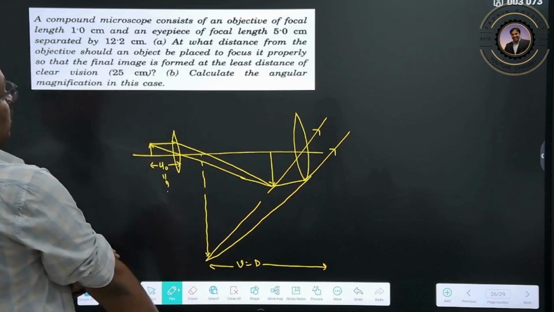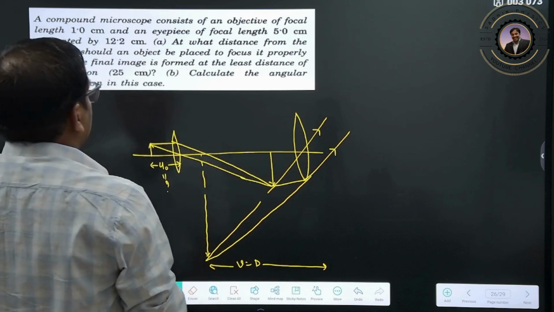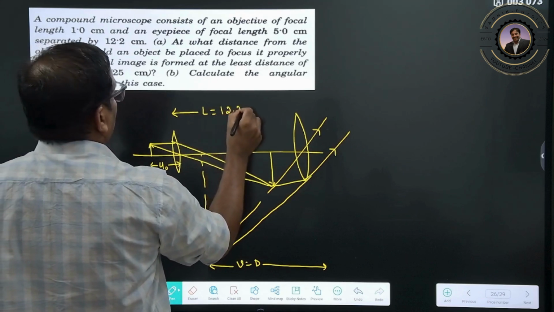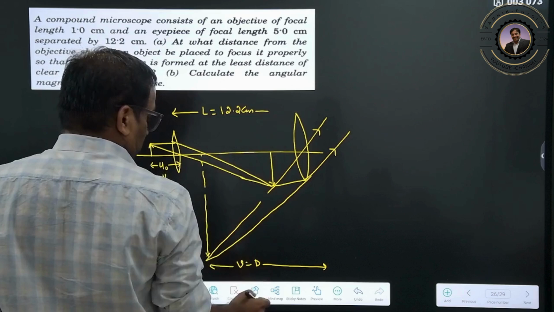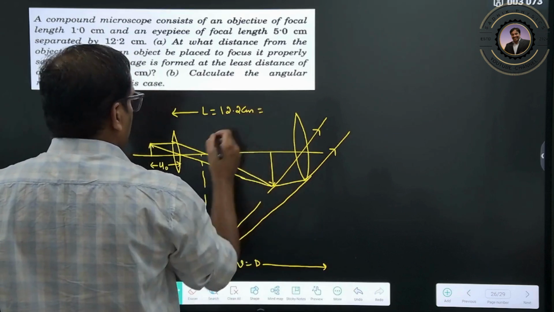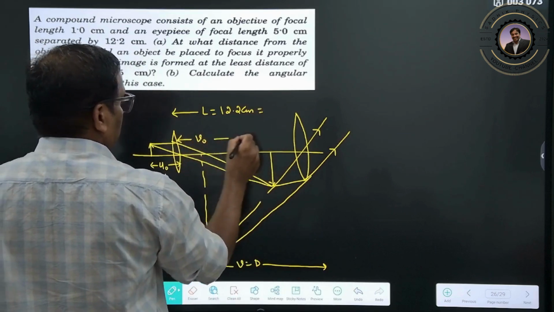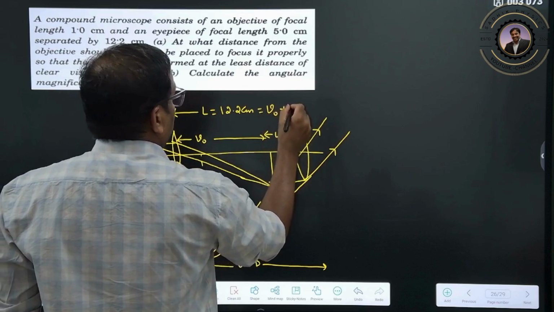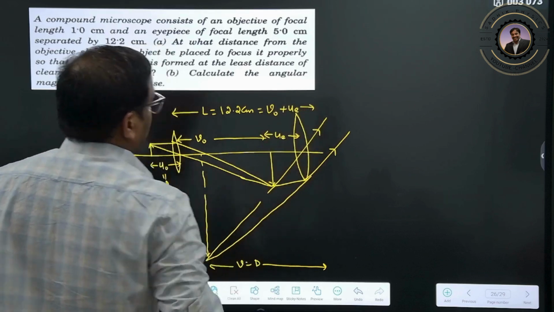Clear? So, he is asking this distance, which is given now, how much? L is equal to 12.2 centimeter. So, this distance can be written as, this is nothing but V_O. Therefore, V_O plus U_E will be your answer now, right?